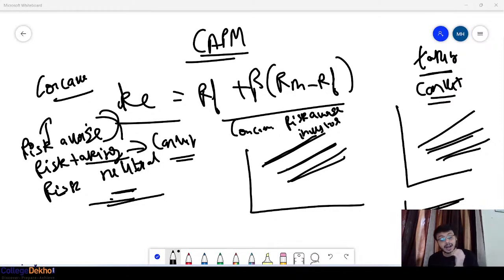So there are a large number of investors who also tend to take higher risk for higher return. So then they won't be the efficient investor. So how can everyone be an efficient investor? And how can everyone lie on the efficient frontier also?